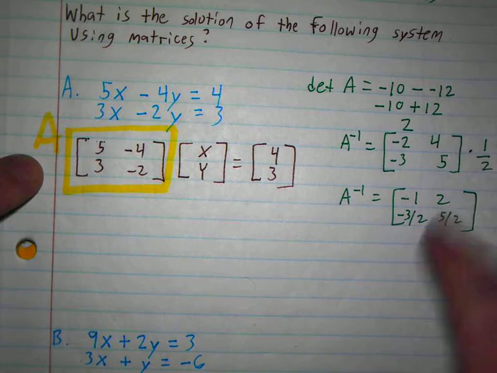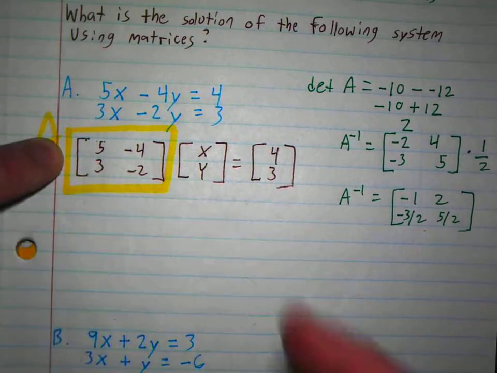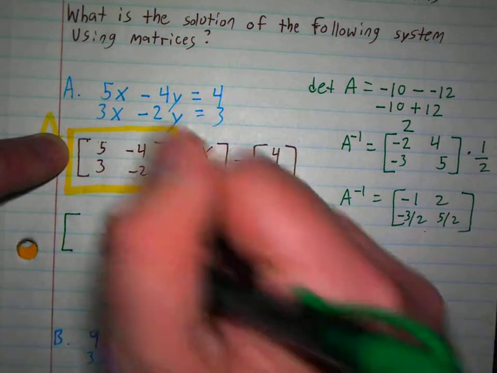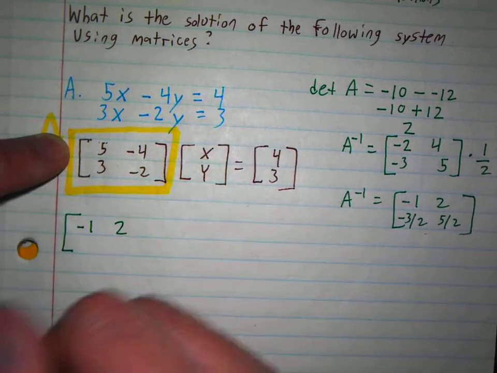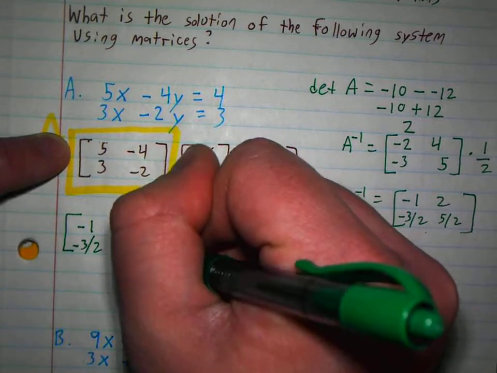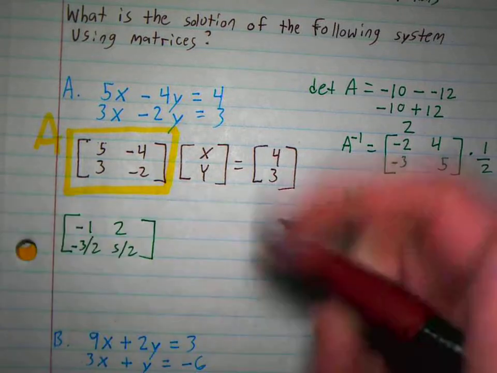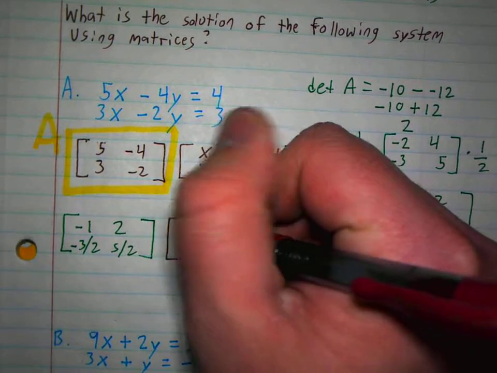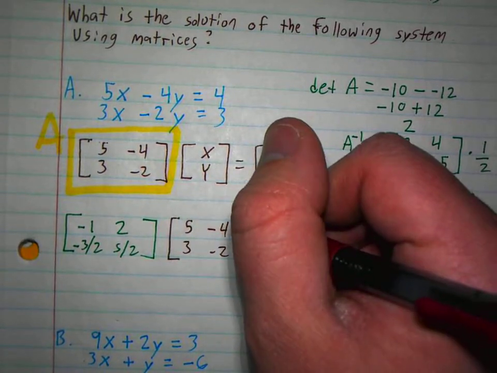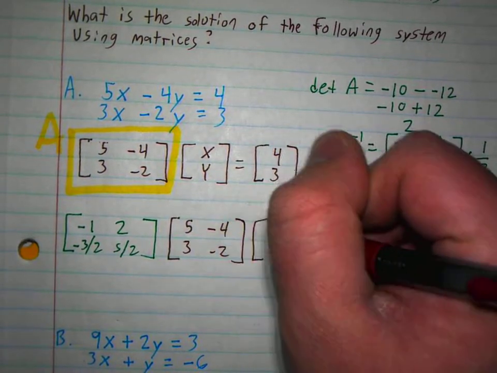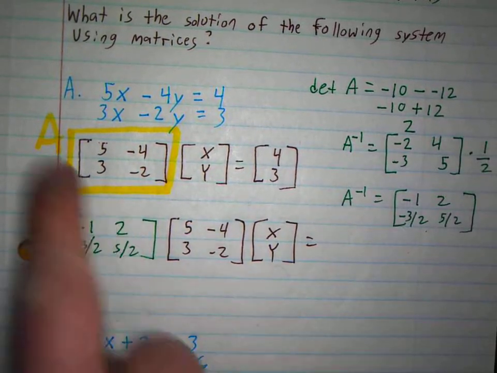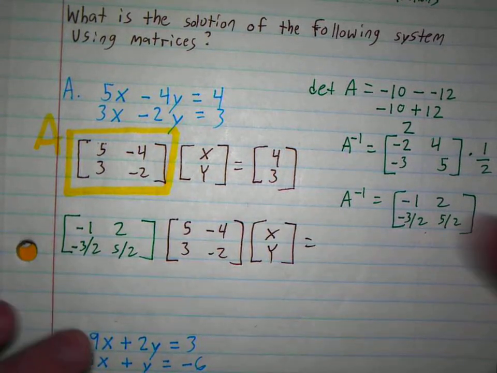What I'm going to do is put this matrix on the left. Okay? So I'm going to add that in there. Remember, whatever you put on one side, you have to put on the other. So I'm also going to add this matrix right here.